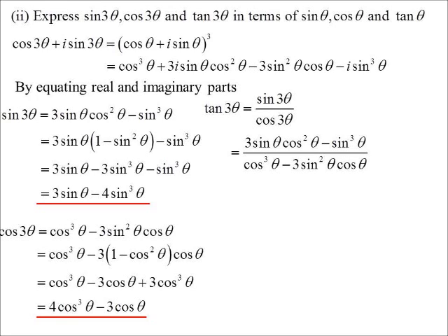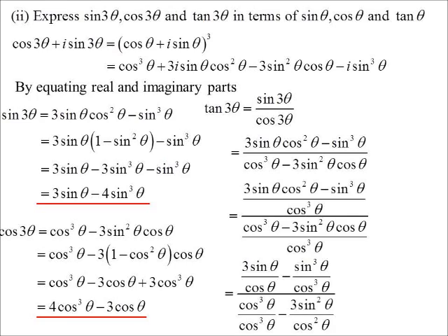Tan 3 theta. Well, of course, we know tan is sine on cos. Now, the way to do this is not to substitute in the last step when it's all in terms of sine and all in terms of cos, but actually the first expression that we got. So on the top, I've written 3 sin cos squared - sine cubed, and on the bottom, cos cubed - 3 sine squared cos, because what I can now do is divide everything by cos cubed.